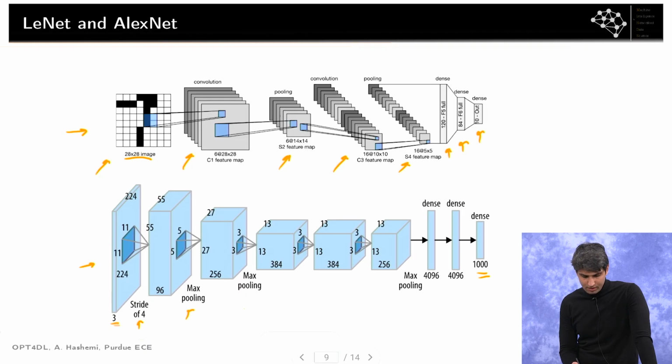Again, CNN, max pooling, and we repeat this process. And finally, we implement a couple of dense layers, and then we have the output layer. Most of these models are a combination of CNNs and dense models, as well as the pooling operation and striding and padding that we talked about.